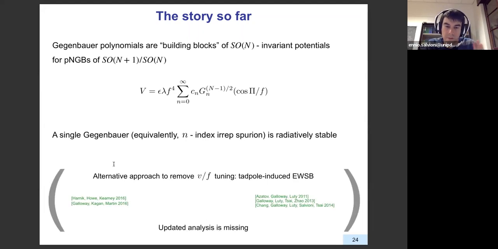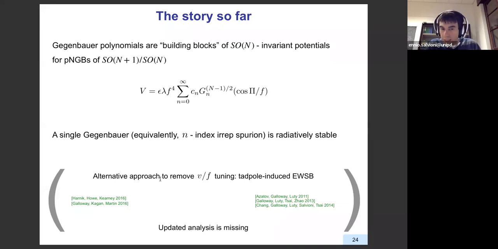Oh yeah, sorry, I forgot this. Of course, this is not the only way to try and take seriously this V over F tuning, so getting a separation here. I think the other way that is very interesting is to use tadpole-induced electroweak symmetry breaking. This is something that Marcus has pioneered in the past. And there is also this nice paper by Ronnie Arnick and collaborators that looked at this in the context of PNGB models.